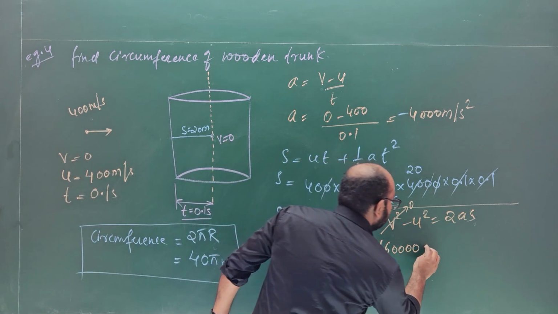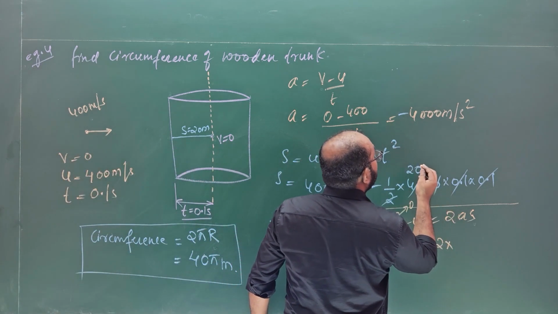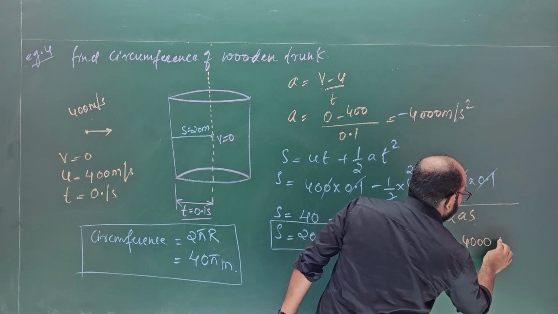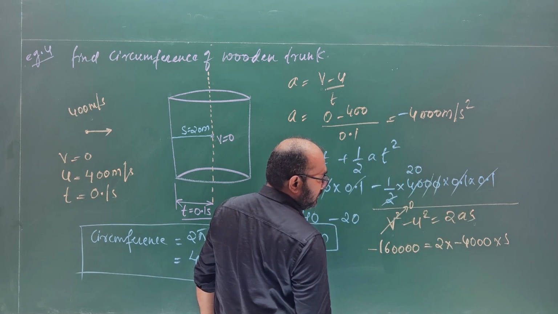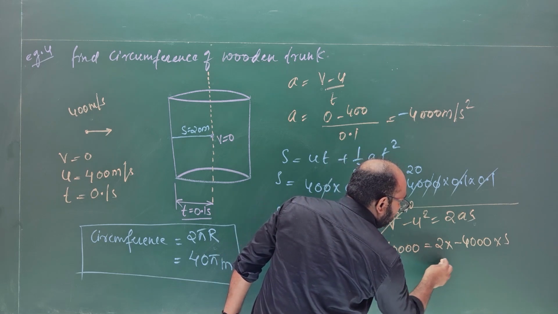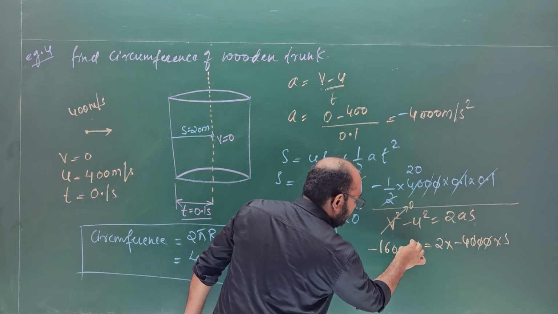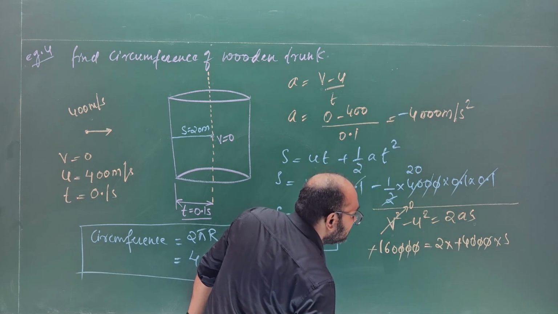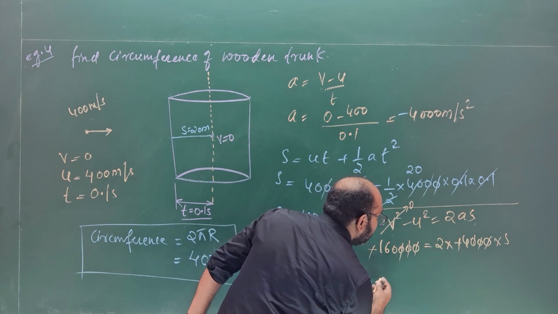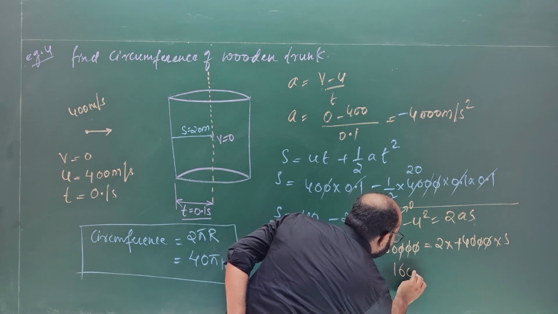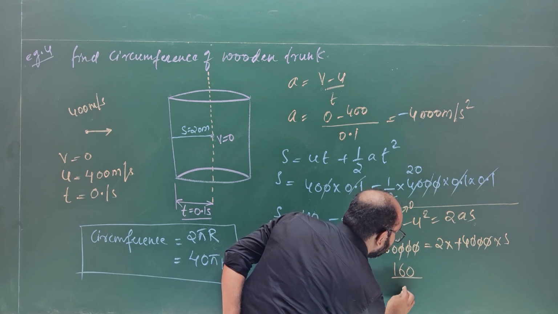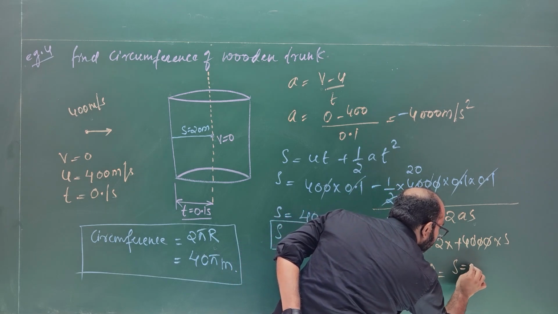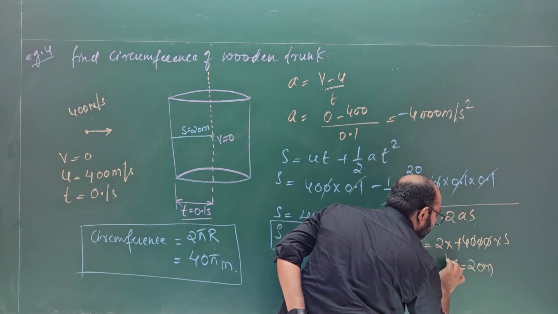Which is equal to 2 times acceleration, which is here minus 4000, into displacement. Minus and minus also get cancelled. Then 160000 upon 8000, that is s = 20 meters.